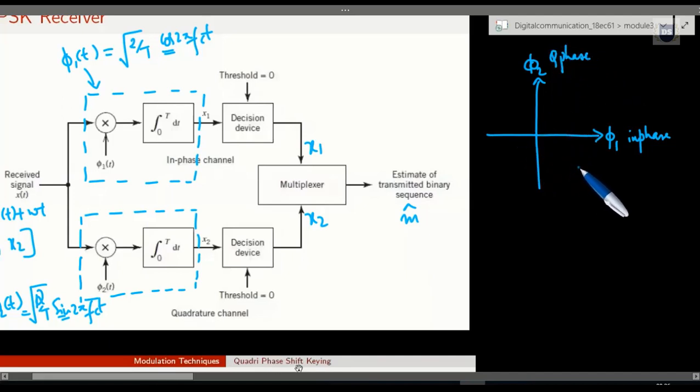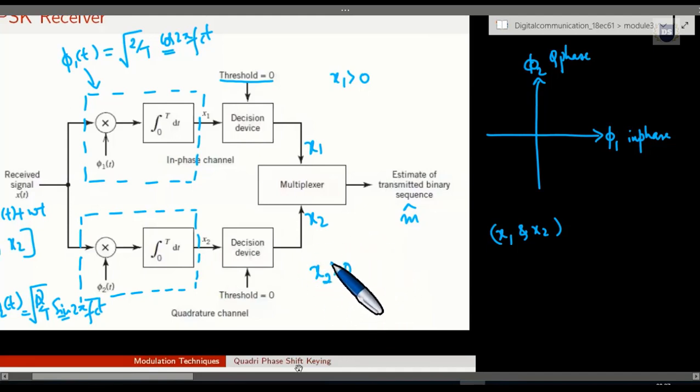So let's assume that we are getting some value for x1 and x2, and we are considering the threshold value as 0. Let's assume x1 is a positive value, so x1 is greater than 0, and likewise x2 is also greater than 0.